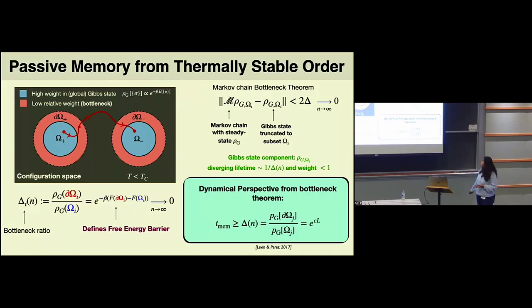It tells you that the memory time of staying in this up component diverges as this bottleneck ratio, which for the Ising model scales exponentially with the linear size L. So just by looking at the global steady state, you can decompose it into different components, and by looking at the relative weight of these components with the region surrounding them, you can quantify what the free energy barrier in the system is and what you expect the lifetime of these components to be. Yeah?